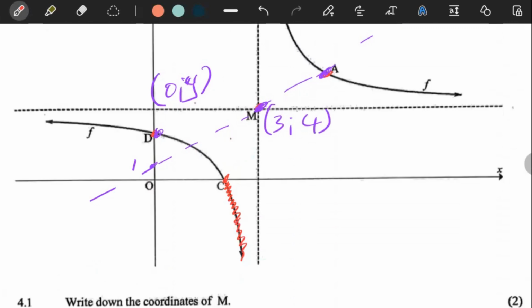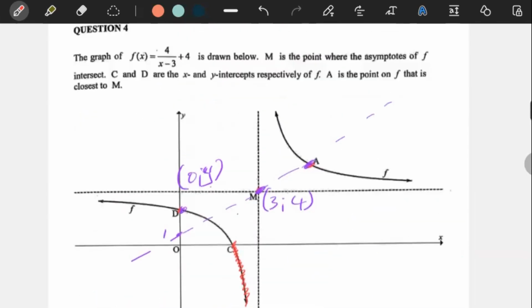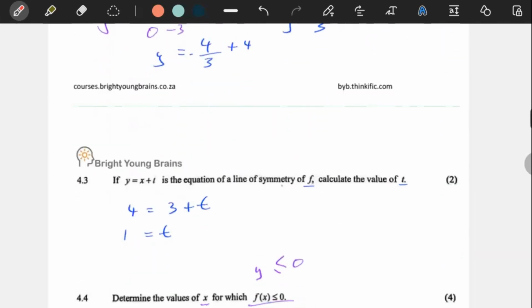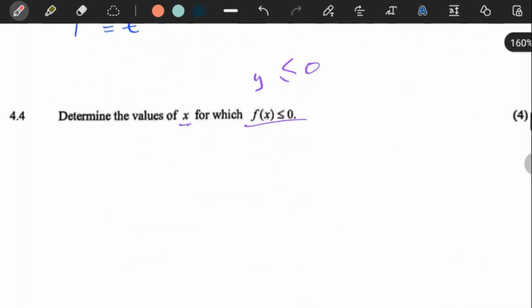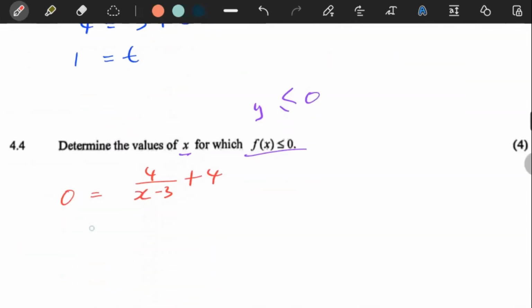But I keep asking myself, why is it a 4-mark question? Determine the values of x for which f of x is smaller or equal to 0. Well, let's get the x-intercept of the graph of f, meaning you make y as 0. Honestly speaking, they're being way too generous here.